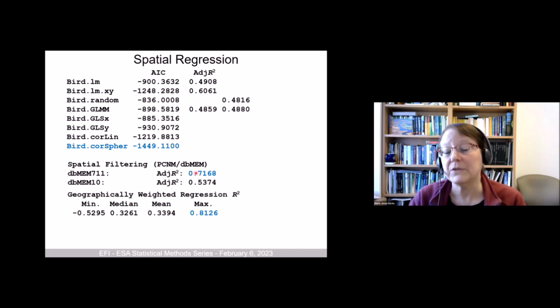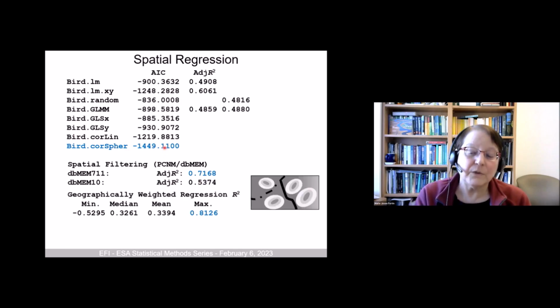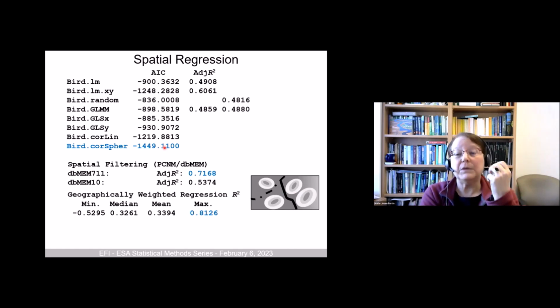So if we look at all those AIC and adjusted R square values, the best one is, of course, when we use the geographically weighted regression, but this is an artifact of just a sub-region. The eigenvector maps are quite good, and the spherical one with the residual is also not so bad. So what is important is to always be critical and ask, what do I really want?